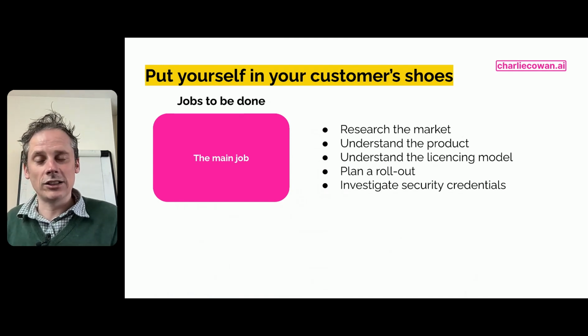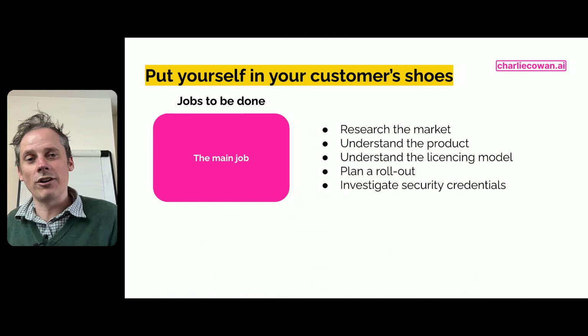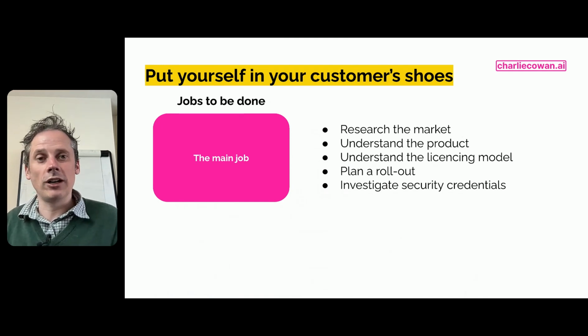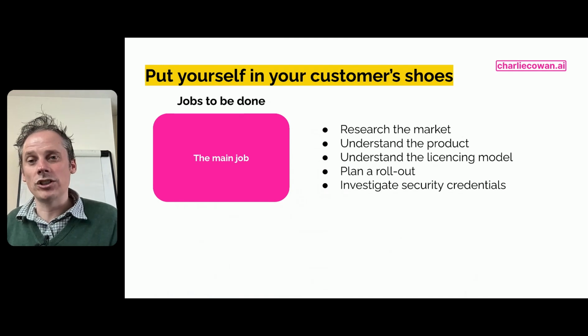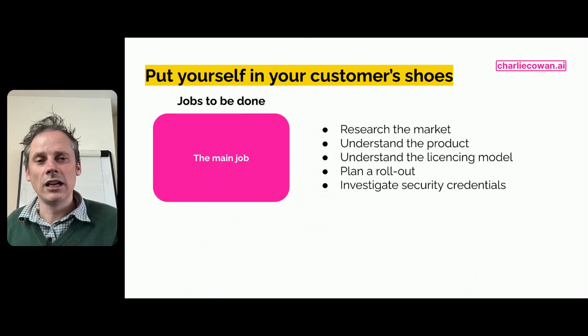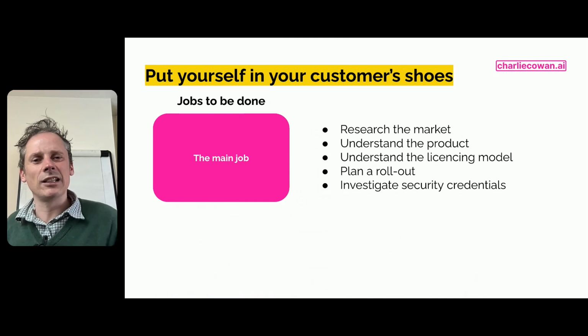The umbrella is because you don't want rain on you. CRM is so that managers have got a better idea of what is about to close. And when we're building a chatbot for our customers, for our suppliers, for our internal employees, we need to be thinking about what is the job that that person is trying to perform. And in terms of our customers, certainly in the early stages of their buying process, they're trying to research and understand the market.